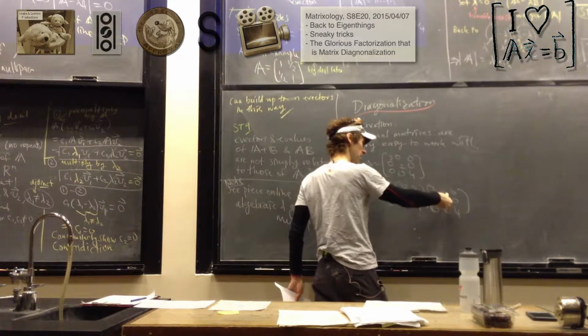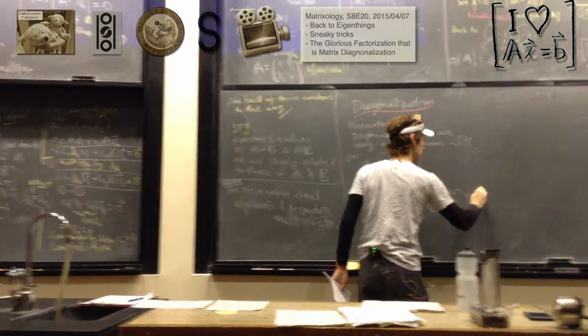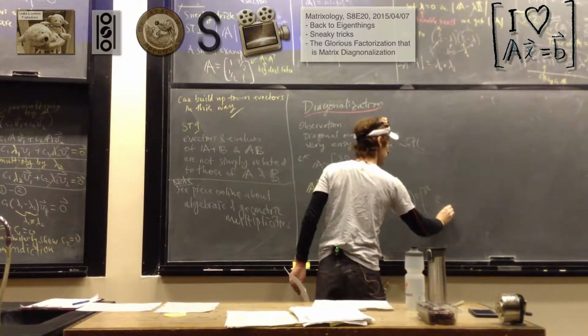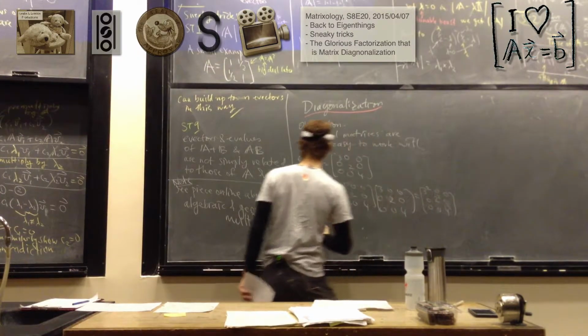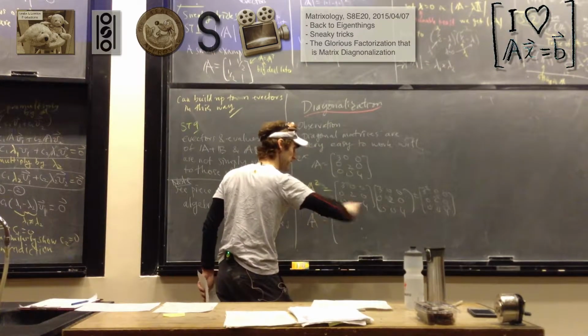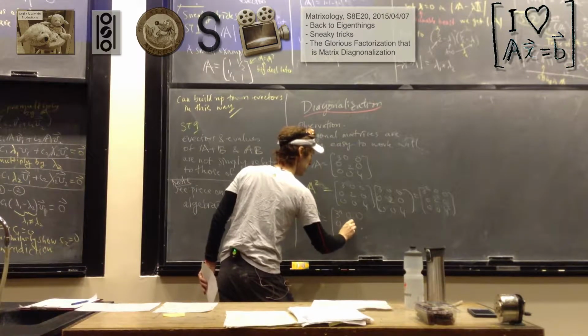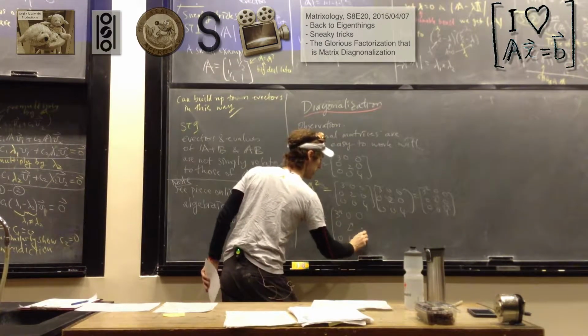The 2 is only going to hit the 2. The 4 is only going to hit the 4. So it's 3 squared, 2 squared, 4 squared. And in general, A to the n is, so you don't have to do any computation. It's easy. 3 to the n, 2 to the n, 4 to the n, with zeros elsewhere.